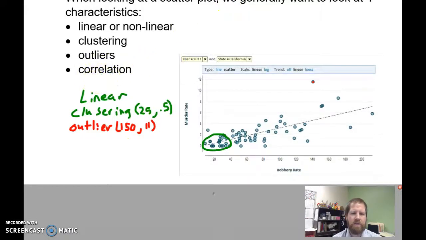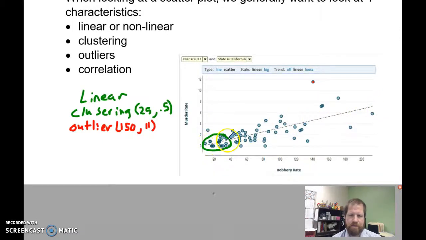All right, and our last one is correlation, and that goes back to last lesson. So with correlation, we're looking for strong versus weak, and positive versus negative. Okay, so this correlation, so how close these data points are to my line of best fit, I would say is not that strong.